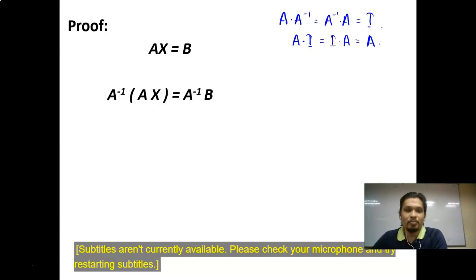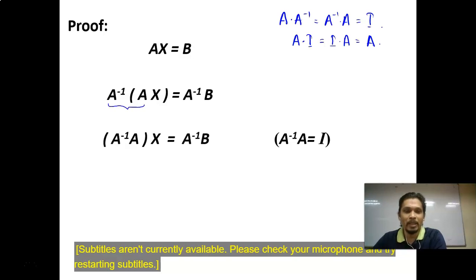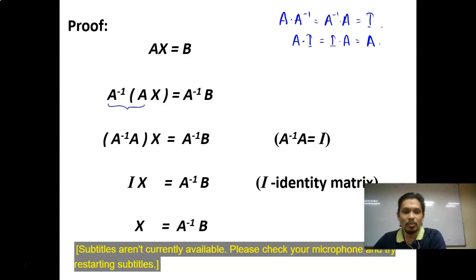The A inverse appears on the left side of the matrix AX. So A inverse also appears on the left side of the matrix B. And from here, A inverse multiplied with A equal to an identity. And then identity matrix multiplied with X equal to X. So that equal to A inverse multiplied with B.